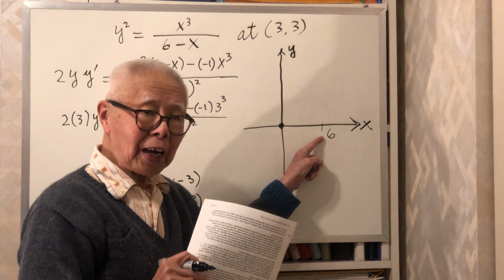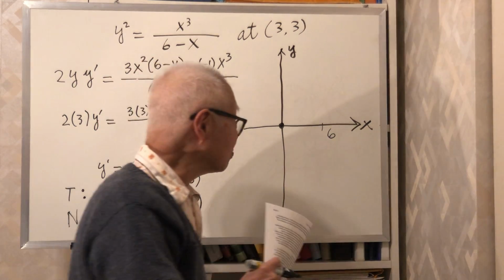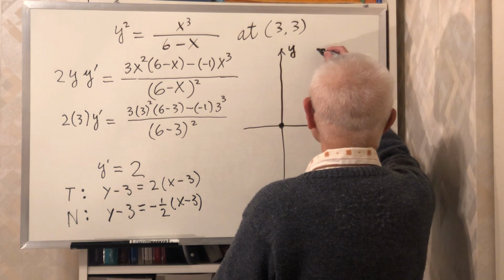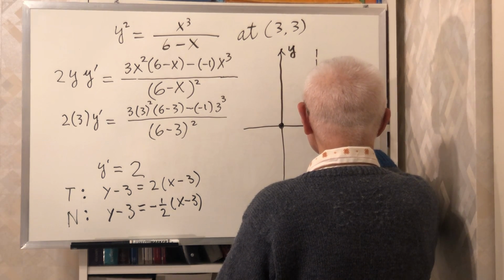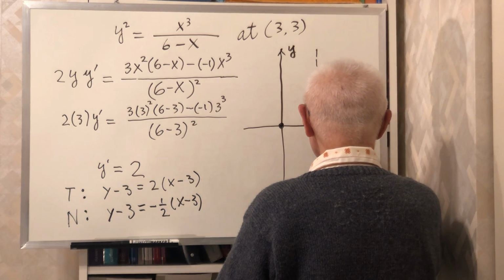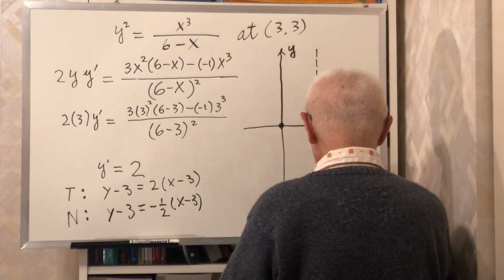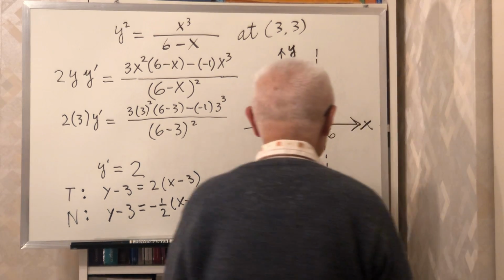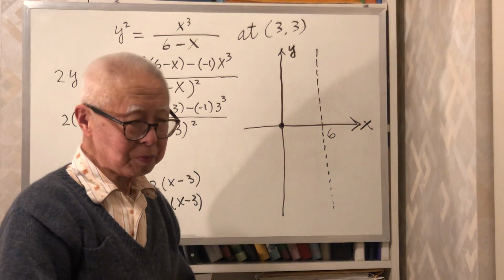So, when x is 6, it is a vertical asymptote. This is a vertical asymptote.